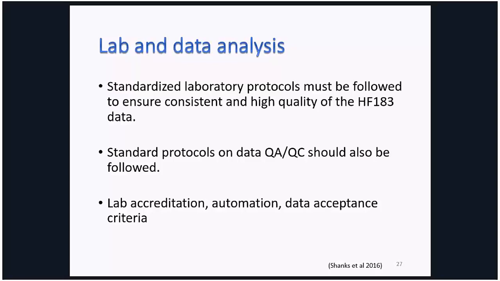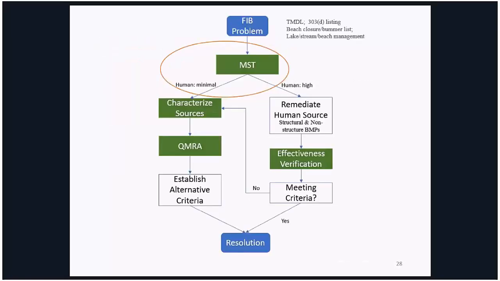So far, what we have covered is how to demonstrate if your site has low enough human contribution so that you may consider QMRA to establish site-specific criteria. That's what's included in this orange circle here. So it's only one part of the bigger approach that you need to solve the FIB problem.